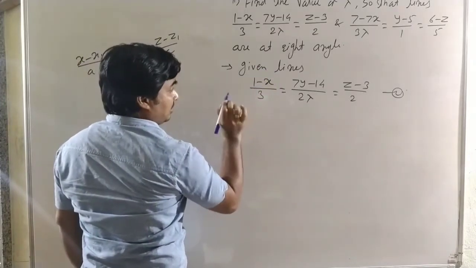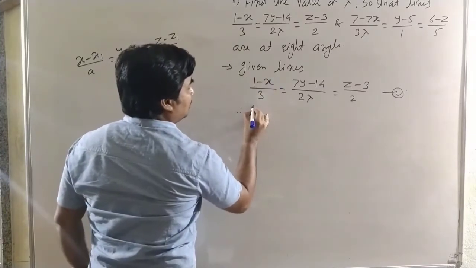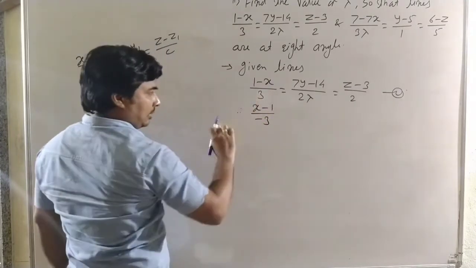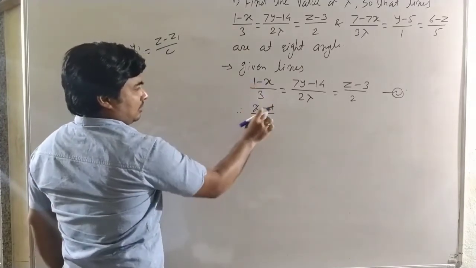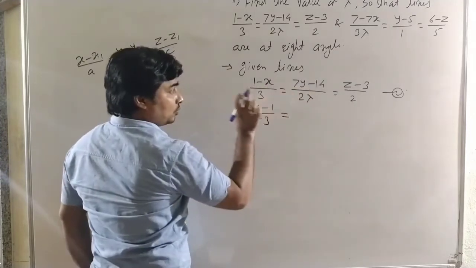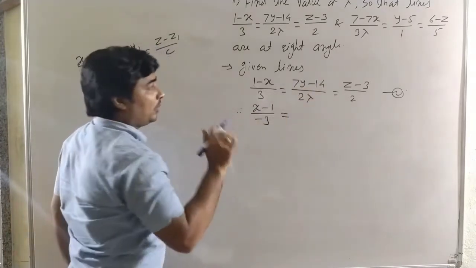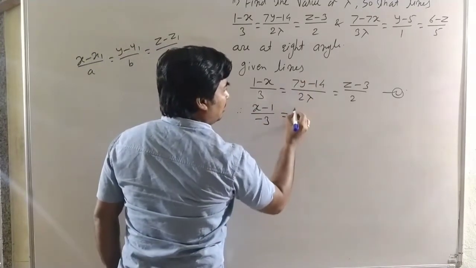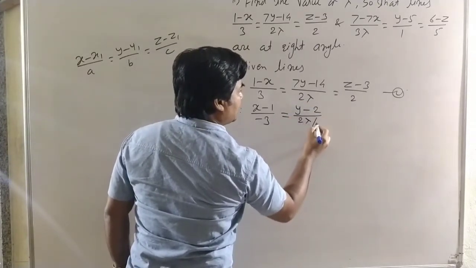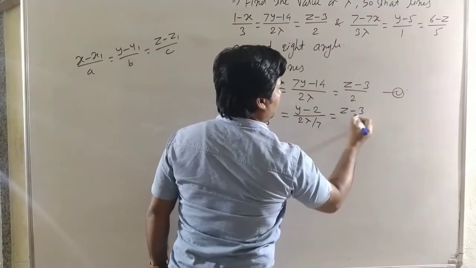Therefore we can write this equation, see carefully, by multiplying numerator and denominator by minus 1: (x minus 1) upon minus 3 is equal to, here we want y, but here it is 7y, so divide numerator and denominator by 7, therefore (y minus 2) upon 2 lambda by 7, and is equal to, here the coefficient of z is 1, therefore there is no change.